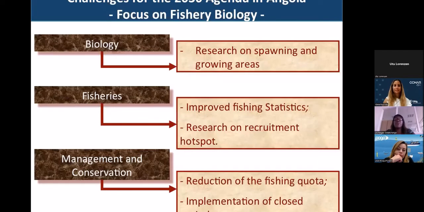So in terms of challenges for the Agenda 2030 in Angola, we found that there are 3 main challenges. One is related to their biology, the second one to fisheries, and the third one to management and conservation. For biology, during the 90s, only adult Sardinella occurred in Angolan waters.